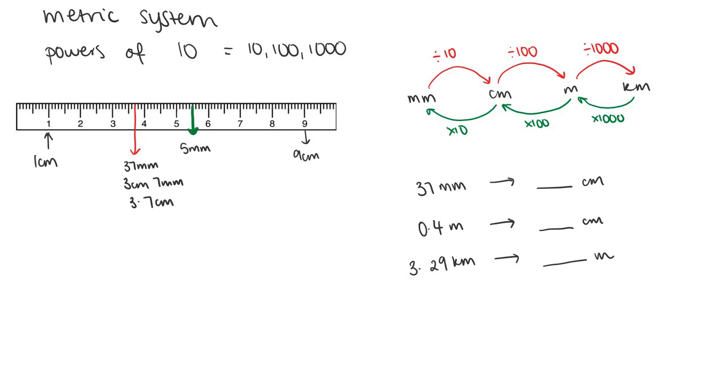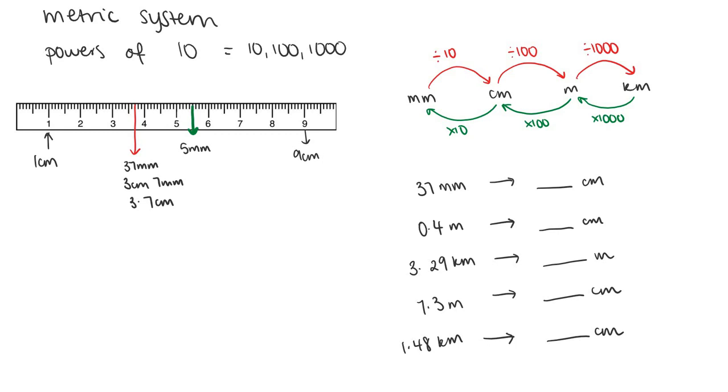And let's go from a bigger one again to a smaller one: 7.3 metres into centimetres. And then one that might require a couple of extra steps: 1.48 kilometres into centimetres. Pause here if you'd like to have a go and then I'll go through them.